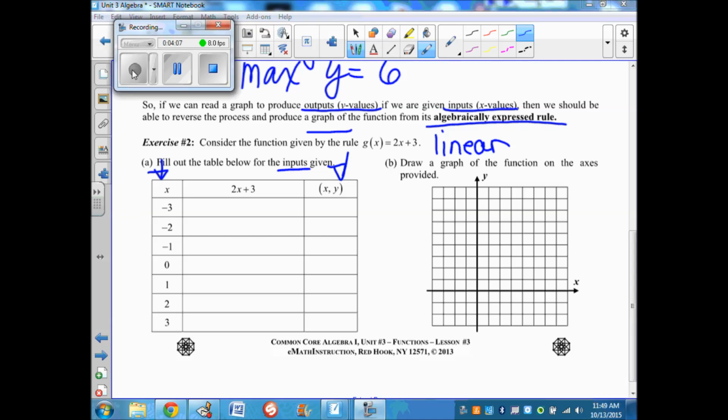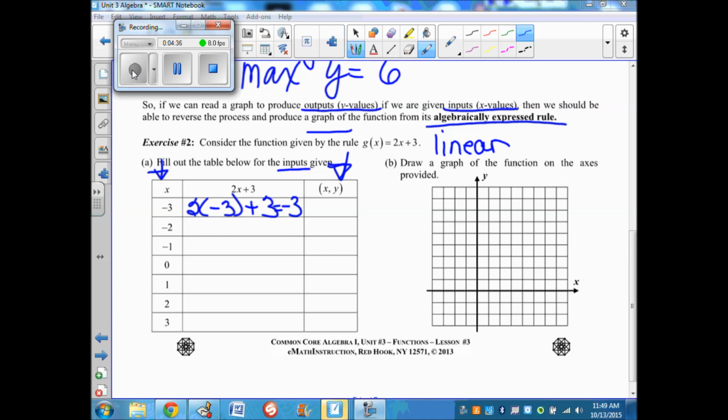Okay, I'll continue on. So we've got to come up with the x comma y, the point. So the given input with the output that we found to produce that point. Because my function is 2x plus 3, I'd say 2 times negative 3 plus 3. So that's negative 6 plus 3, which would give me an output of negative 3.